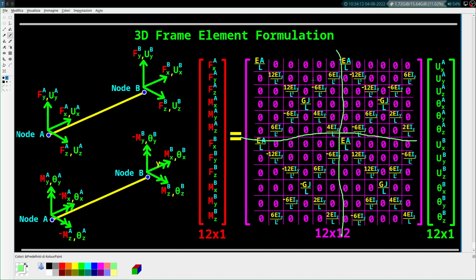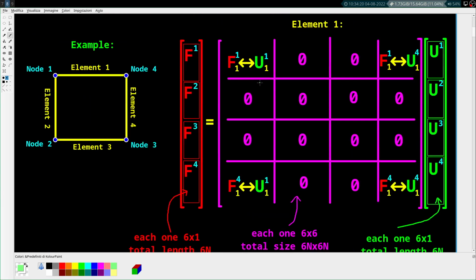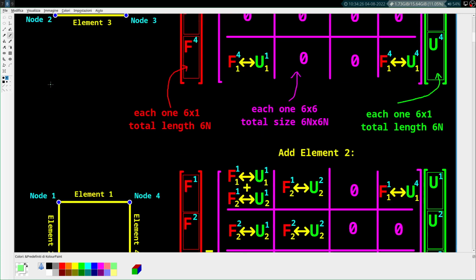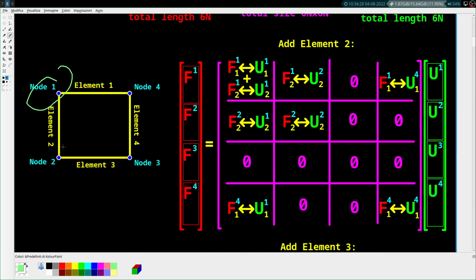We snag this corner, this corner, this corner, this corner, all separately, and we throw them in here. Bam, bam, bam, bam. Then element number 2 comes along. Element 2 is nodes 1 and 2.